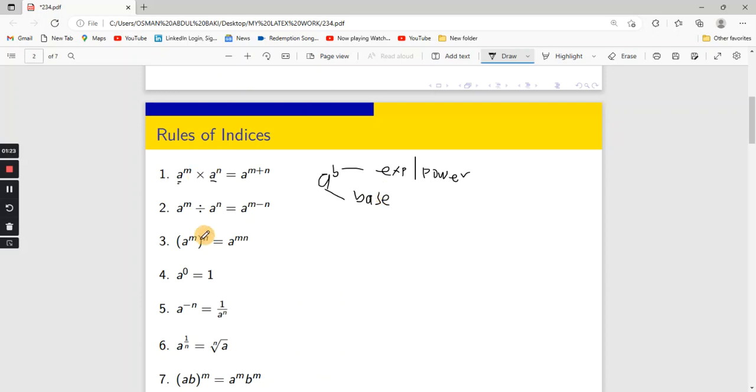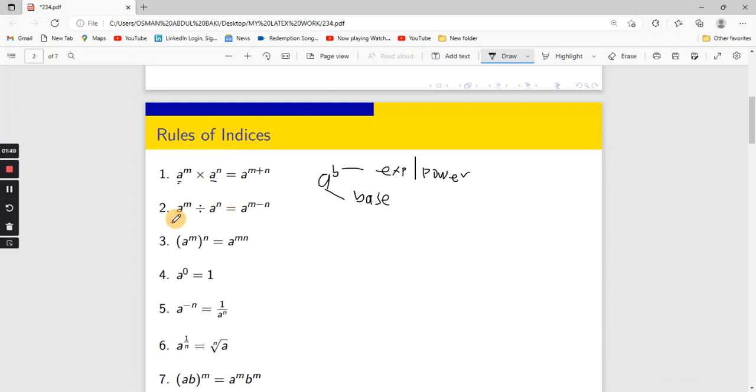So when you are multiplying and the bases are the same, that is where you need to add the powers. Multiplication goes with the addition of powers. That is what the rules or the properties of indices say.